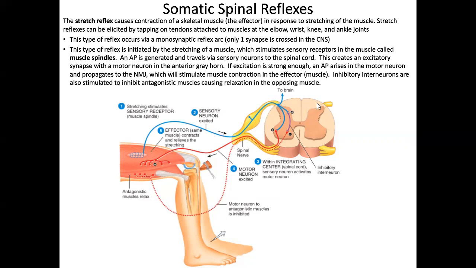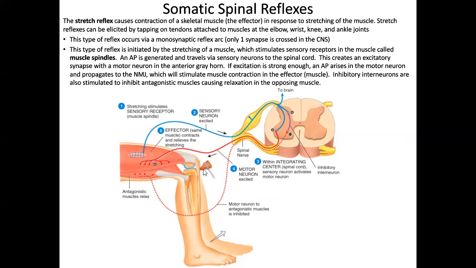Okay. So let's kind of describe it in this illustration. Hopefully it'll make some sense after we run through it. Okay. So it all begins by tapping on the patellar tendon. You can actually tap on this tendon just above the kneecap, what's called the quad tendon, because they're actually connected to one another. That's not really that important to know.